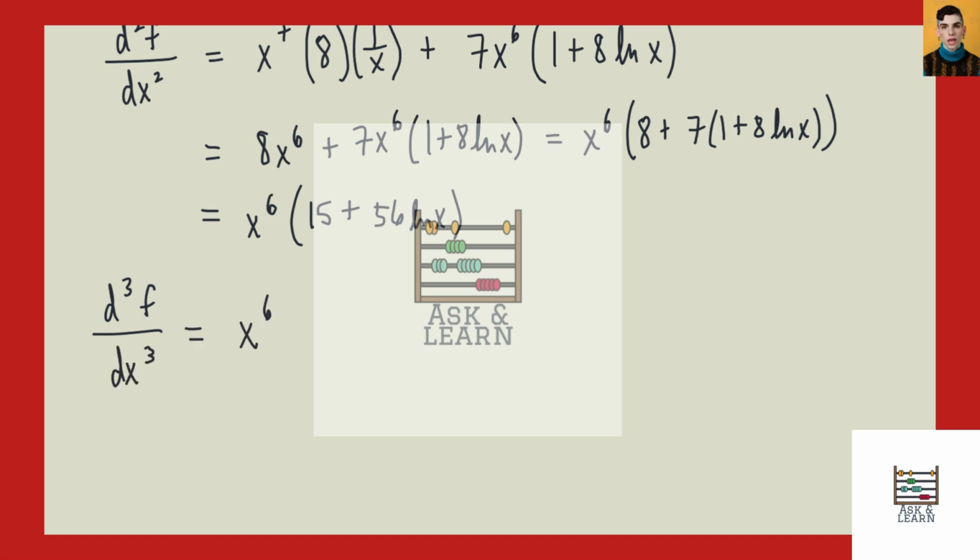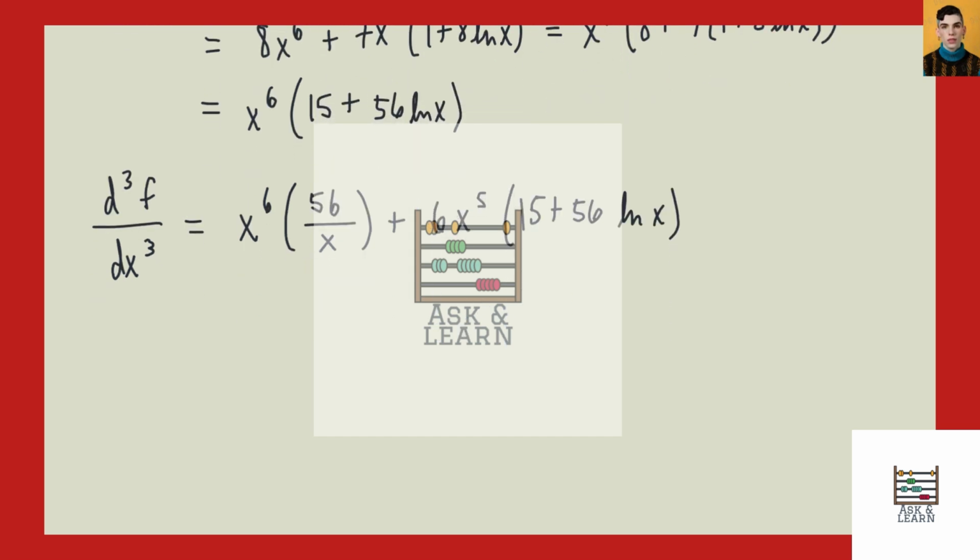So we have x to the 6th power times 56 over x plus 6 times x to the 5th power times 15 plus 56 times natural log of x. And so this simplifies to 56 times x to the 5th power plus 6x to the 5th power times 15 plus 56 natural log of x.